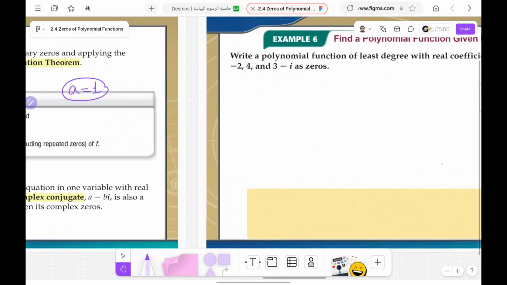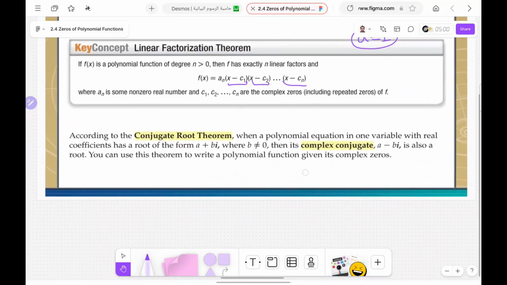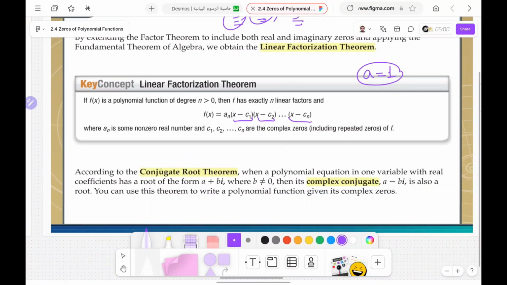Let's take this example here. Or before the example, don't forget the conjugate root theorem. If you have, for example, 4, 3, and for example 6i, where does the 6i come from? It is an imaginary number. It comes from, for example, x squared plus 9 equals 0.